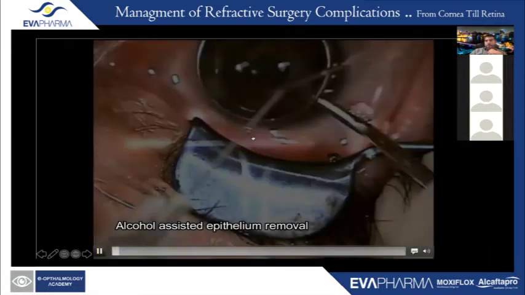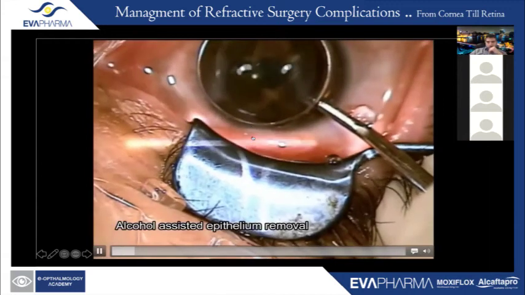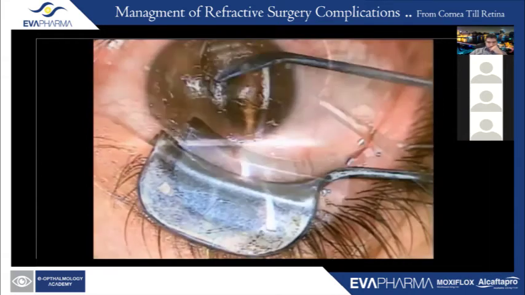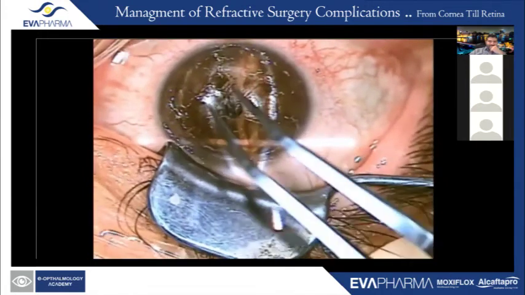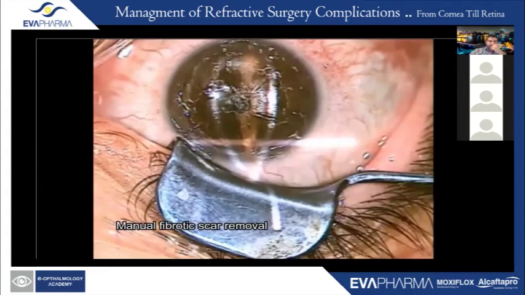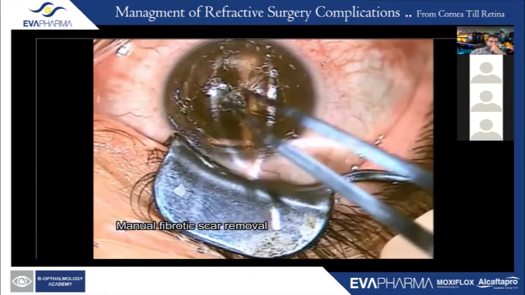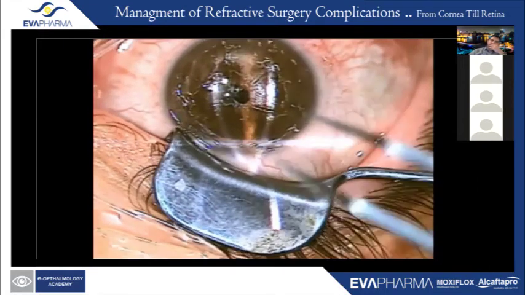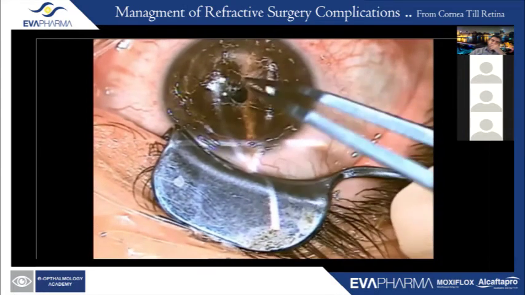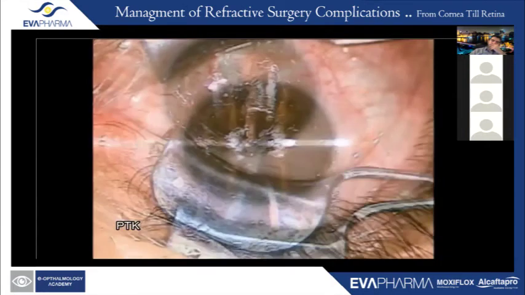In these cases, I use alcohol-assisted epithelial removal because trans-PTK was not possible because of dense scarring. So I manually removed the scarring and the epithelium that was very, very sticky.